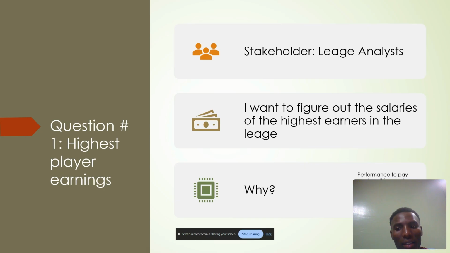And that's how the SQL script finds the highest player earnings. It's all dependent on the performance, and that's the analysis done to determine the performance, and thus relating to the salary they might get.